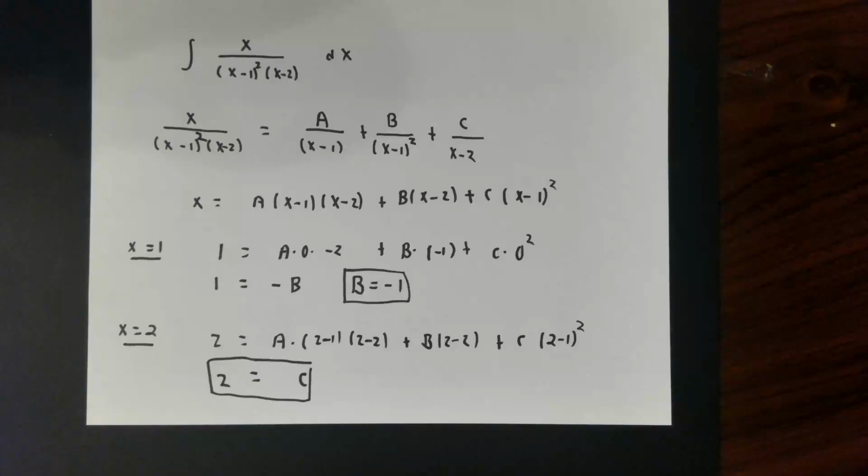By putting x equal 1 and x equal 2 into this equation, we can figure out two of the constants. We can figure out what b is and what c is, but I have no third special number to put in to tell me what the a is.